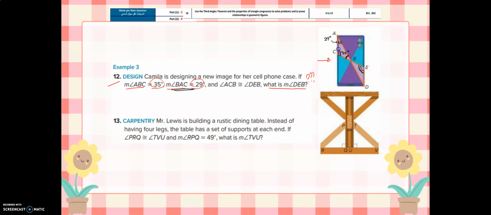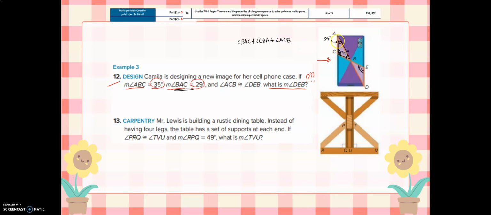So this is one full triangle, okay? And then this angle is equal to 35 degrees. This angle is 29 degrees, and this angle is unknown. So in order for us to find the value of that, let's say angle BAC plus the measure of angle CBA plus the measure of angle ACB.